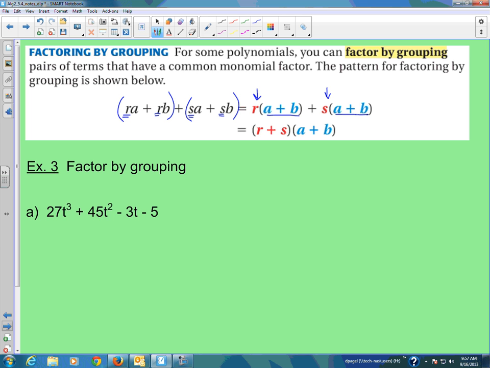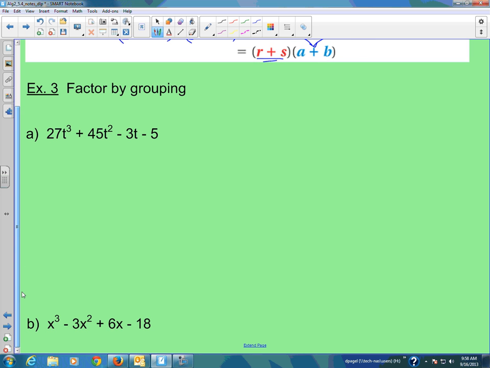That common factor becomes the GCF for the entire group, and now we can write it as A plus B, and then R plus S is left over, and that's our second binomial. So these will become binomial times binomial. I don't have to pair the first 2. I can maybe work with the first and the third, or the first and the fourth. So you're going to have to go and play around with it.